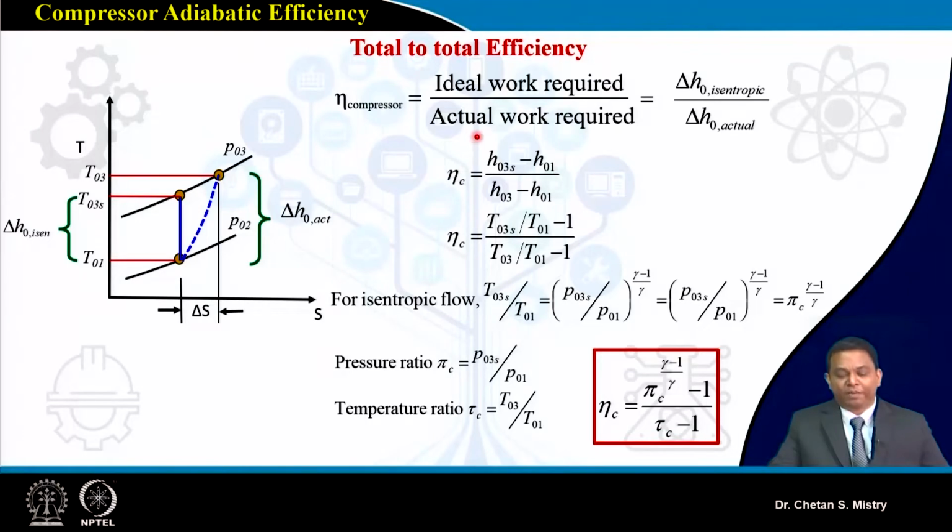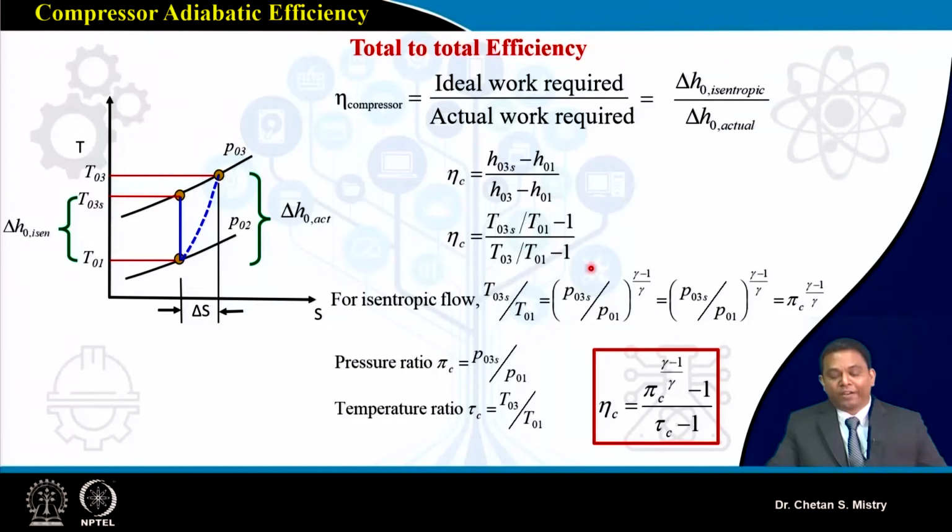This is what we can represent in terms of enthalpy as H03s minus H01 divided by H03 minus H01. If I assume my Cp to be constant, we can represent this in terms of my temperature ratio. This process of compression, as we have discussed, is an isentropic process, so we can use our isentropic relation to calculate my temperature ratio.